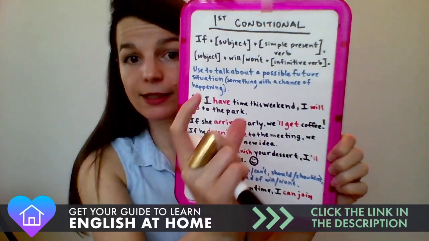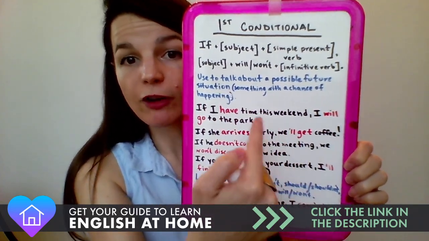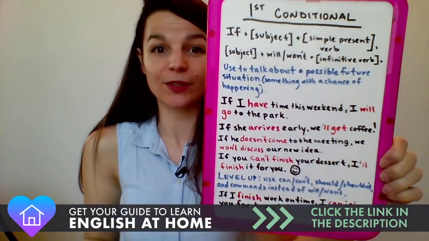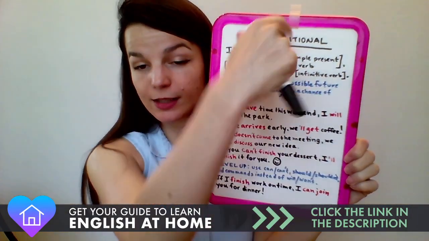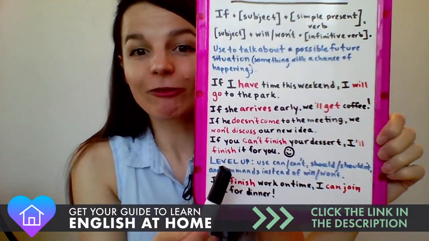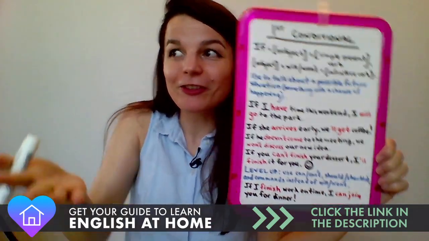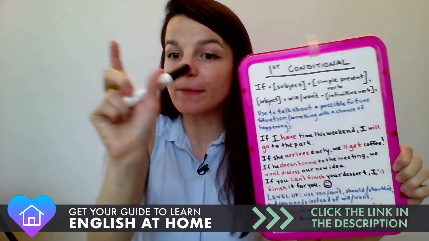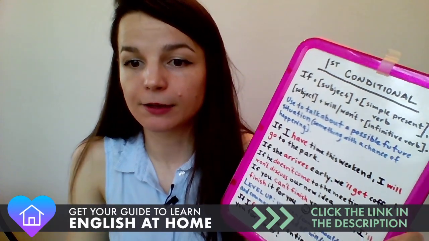Swapped means they change the order. So for example, I will go to the park if I have time this weekend. So you can reverse the order here. Or like, I'll finish your dessert for you if you can't finish it. So when you switch the order, the if appears in the middle of the sentence.